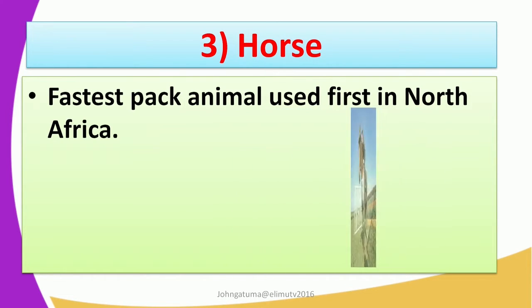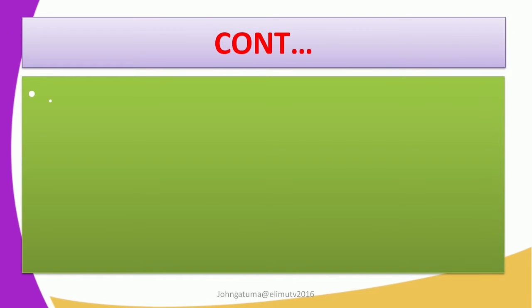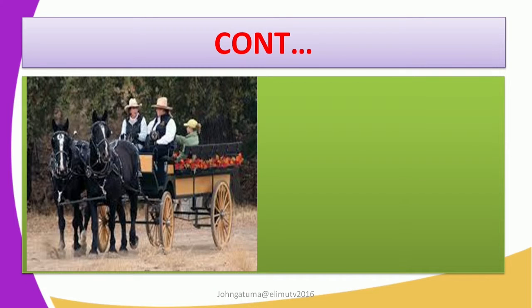Looking at the picture of a horse, this is a very strong and fast animal, and these animals are used by the troops to go and suppress any revolts that are happening. In other pictures of a horse used as a pack animal, we have one pulling the wagon or the carts, or horse-drawn chariots.